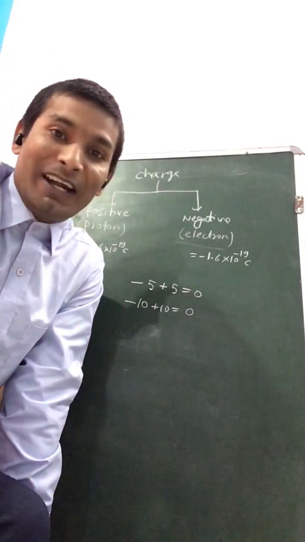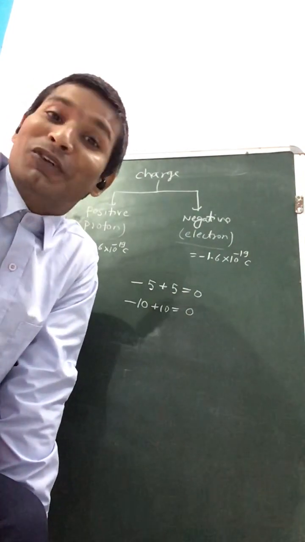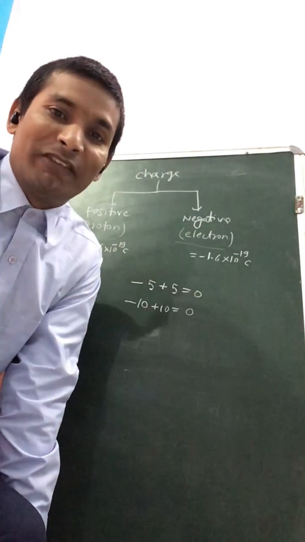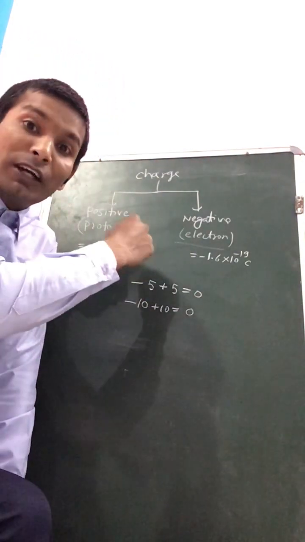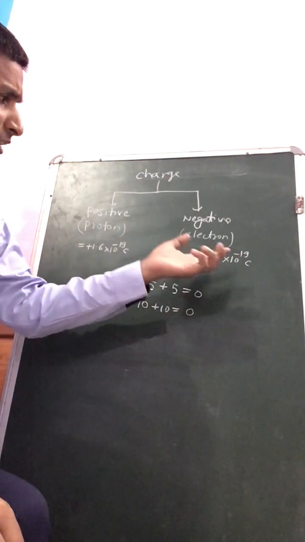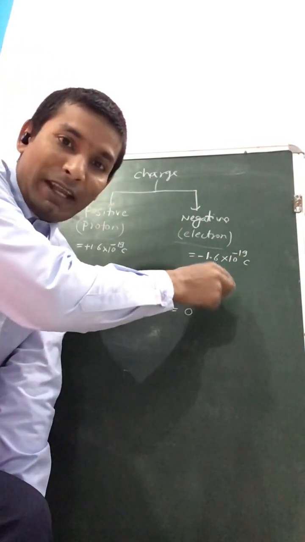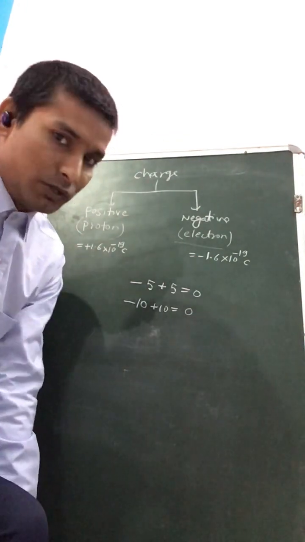But can we add day and night to get 0? No. So I think it's clear why charges are termed as positive and negative. And this is a convention, that the charge on electron is negative and charge on proton is positive.